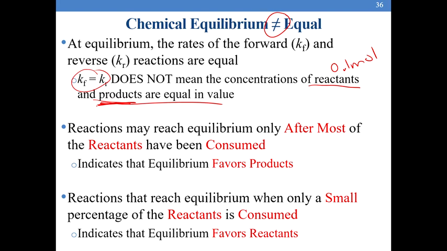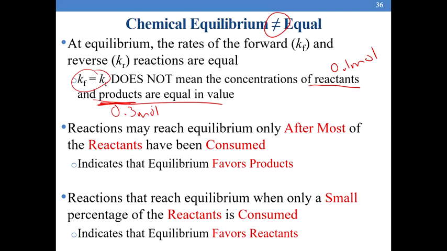That's a common misconception. They can have different numerical values. It just means in equilibrium those values remain constant. So if products are maybe say 0.3 moles, it will remain 0.3 moles as long as equilibrium continues to be in existence, and continues to occur.